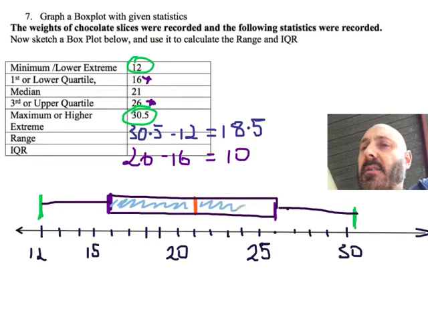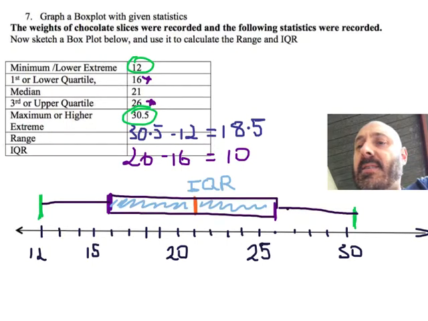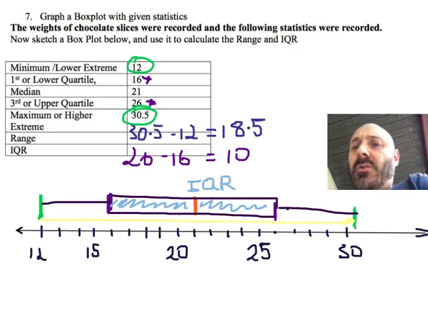So that is the difference between the lower quartile and the upper quartile, which will be 26 take 16, which is 10. Then because I've already done my quartiles, I might mark them in at 16 and 26. They're already marked in purple for you.